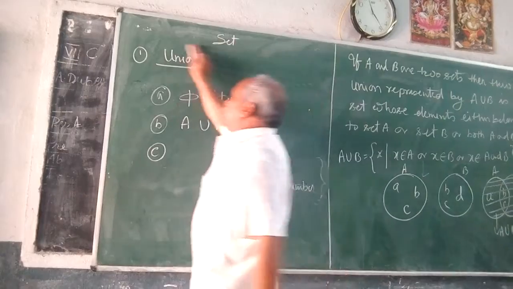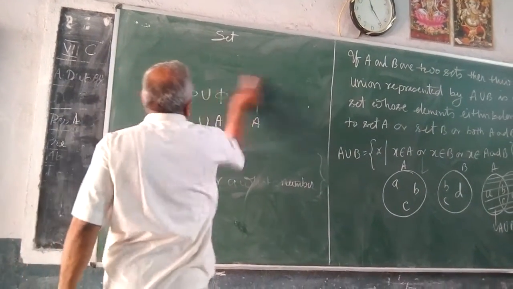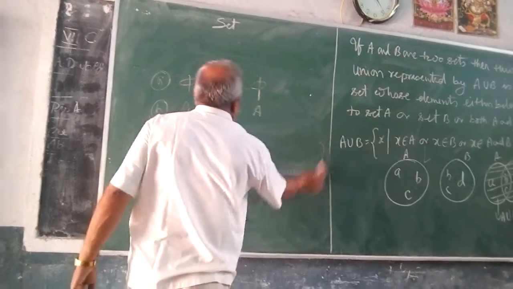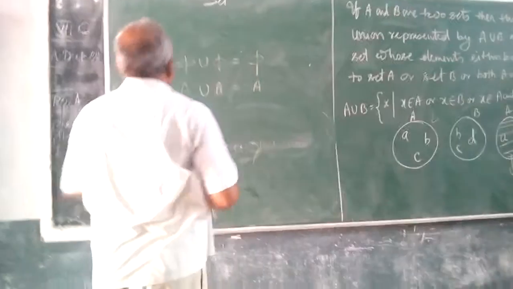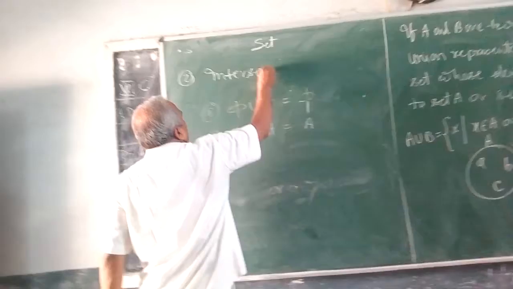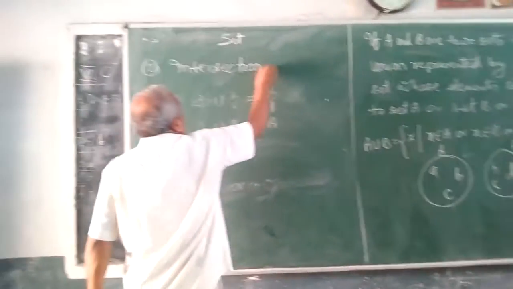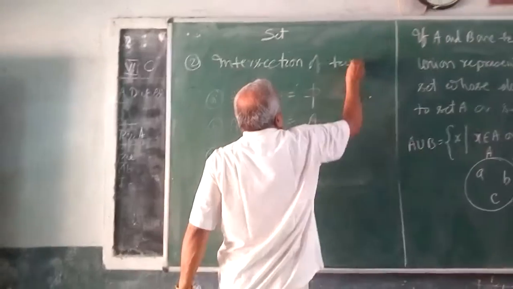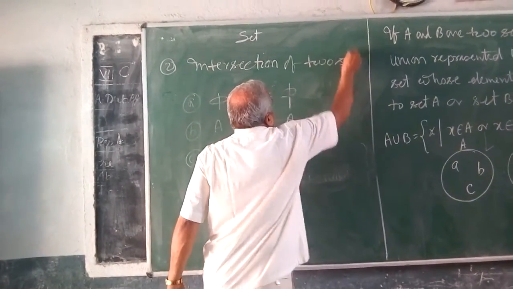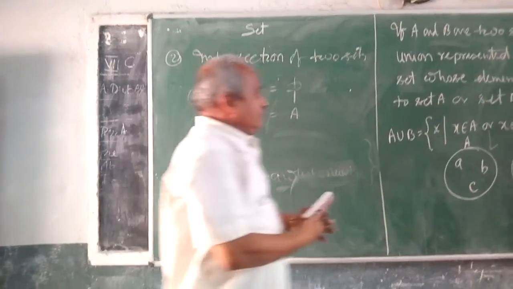Now the second operation is intersection of two sets. See here.